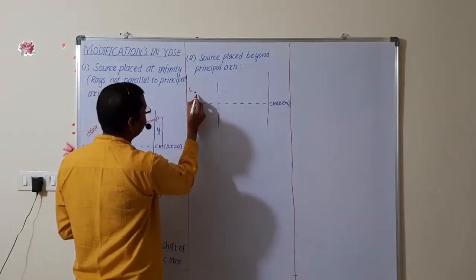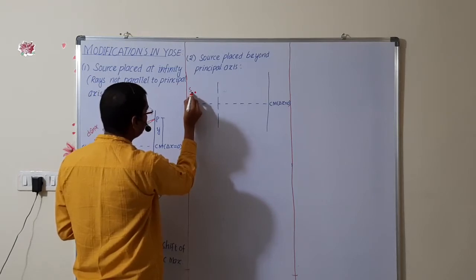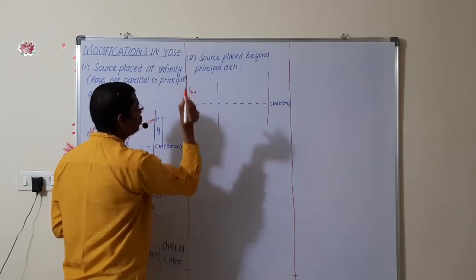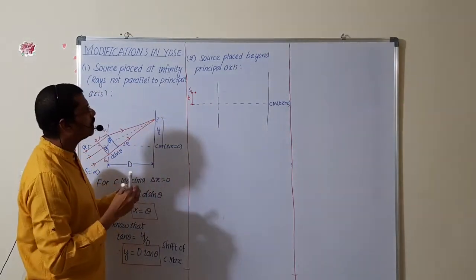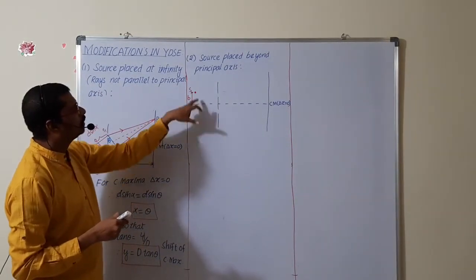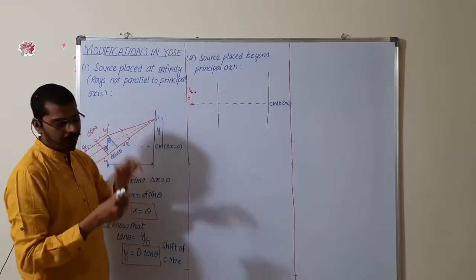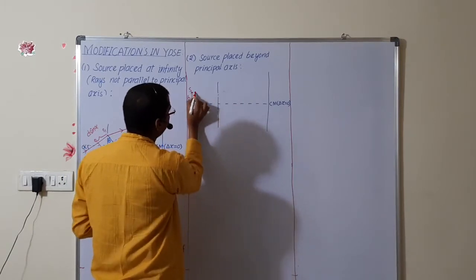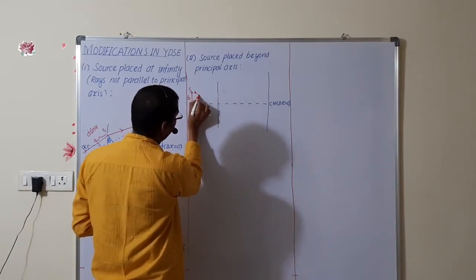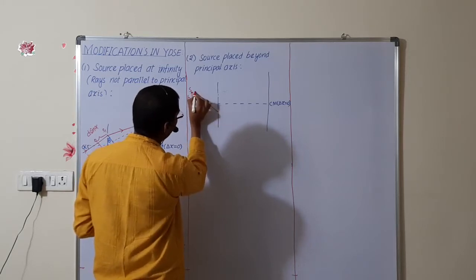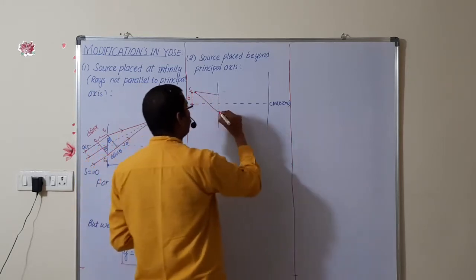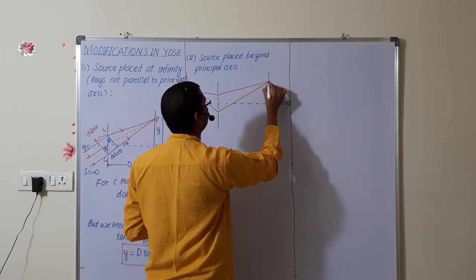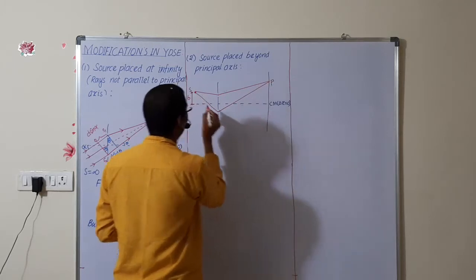The height above the principal axis I am taking as b. The rays come from the source, pass through S1 and S2, and meet at point P.